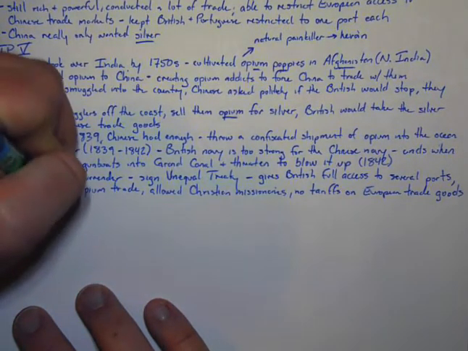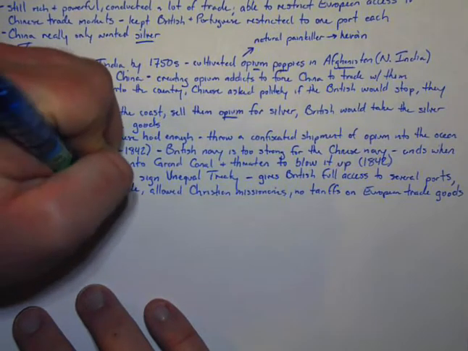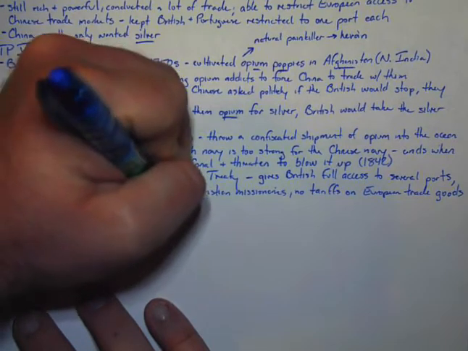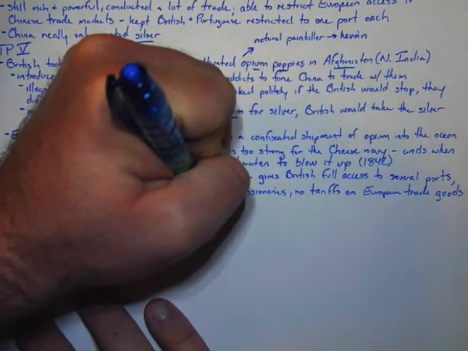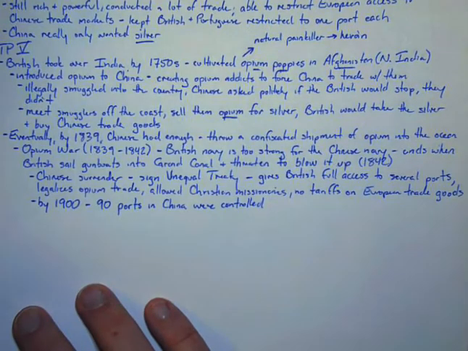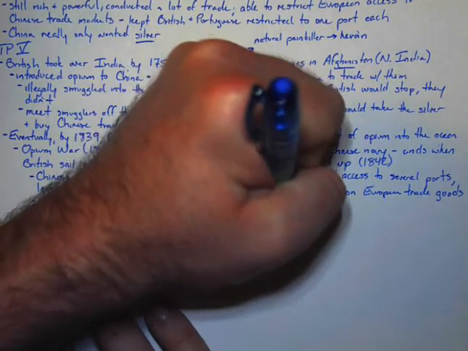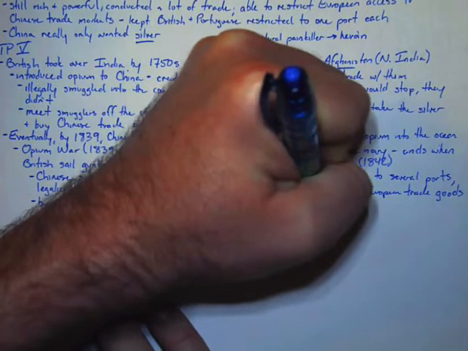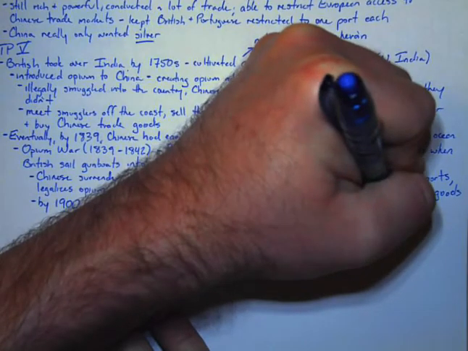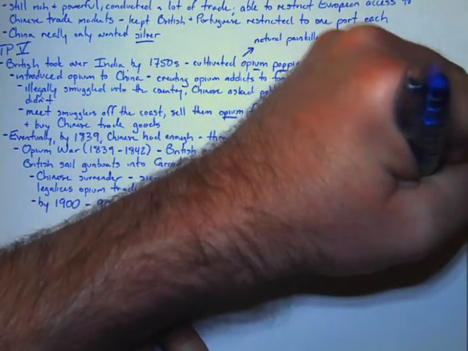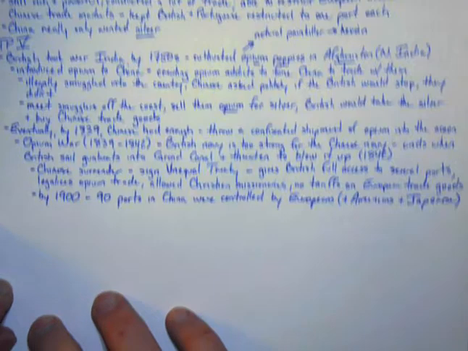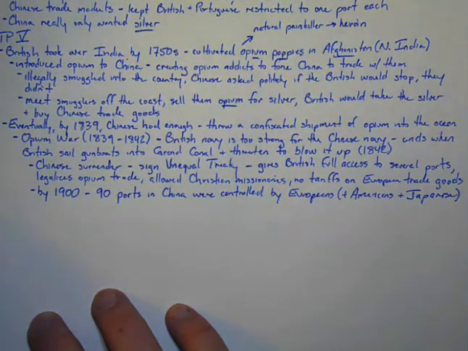And this pretty much opened the floodgate for other Europeans. So by 1900, 90 ports in China were controlled by Europeans and Americans and the Japanese, who we will deal with in a separate video.